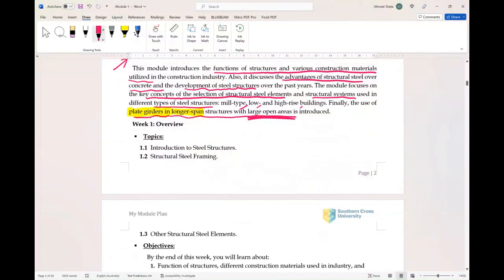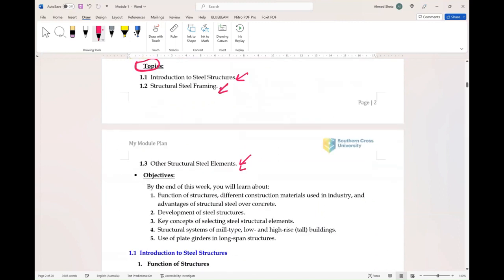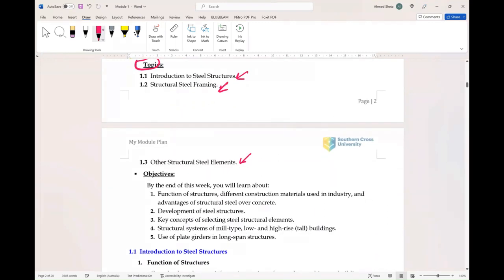The topics we have in this week will be introduction to steel structure, structural steel framing, and other structural steel elements. The objectives this week are: first, to know the function of structure and different construction materials, and the advantages of structural steel over concrete.